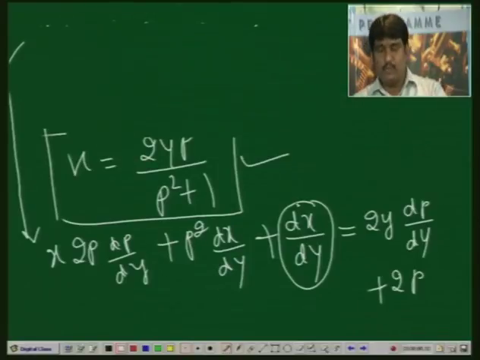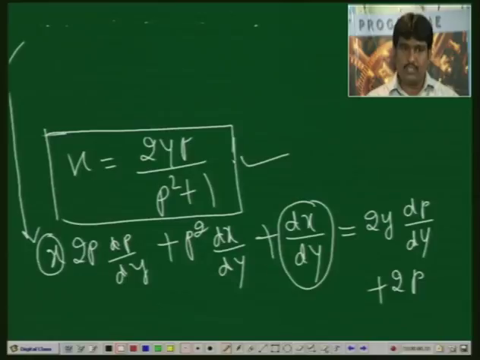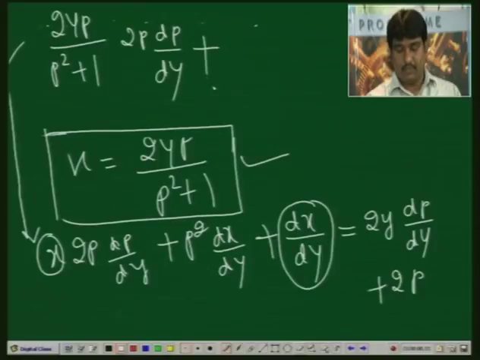Basically, you have to convert this in terms of p and y only, so I can get rid of the dx by dy terms. You can write this as 1 by p, no doubt about it. But the problem is with this x term; we already have an equation for x, x equals 2yp divided by p square plus 1. You just substitute that x value. So, in place of x, I write 2yp divided by p square plus 1, into the remaining term as it is, 2p into dp by dy, plus p square into dx by dy, which is 1 by p.